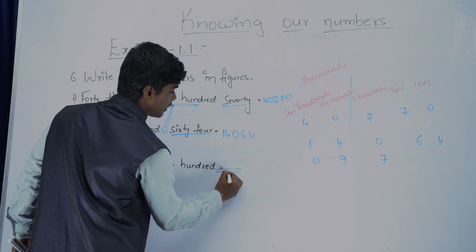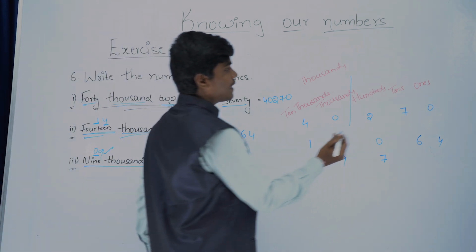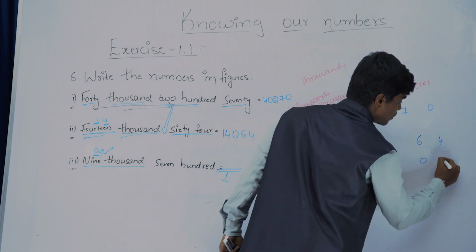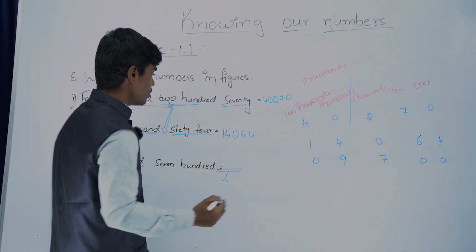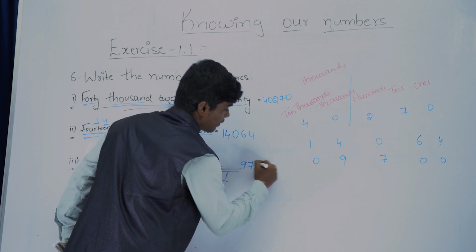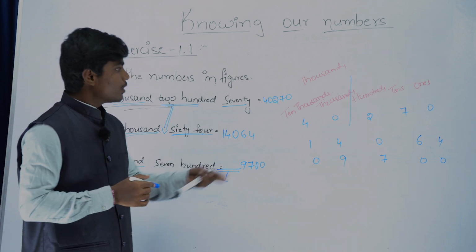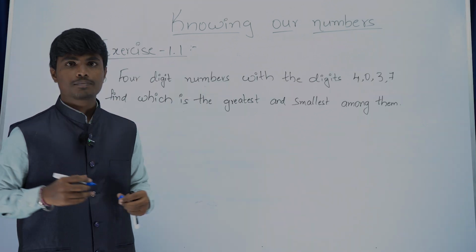Here he has not given anything for ones and tens, so the ones place and tens place are 0. So the answer is 9,700. In your textbook, you have one more problem. Using this, try to solve it.